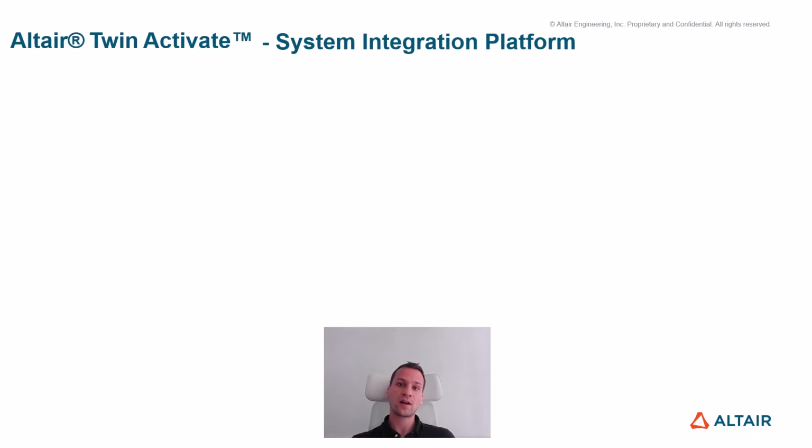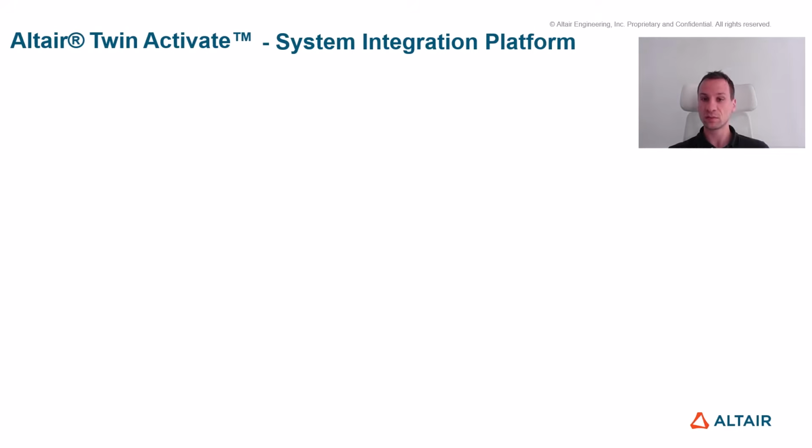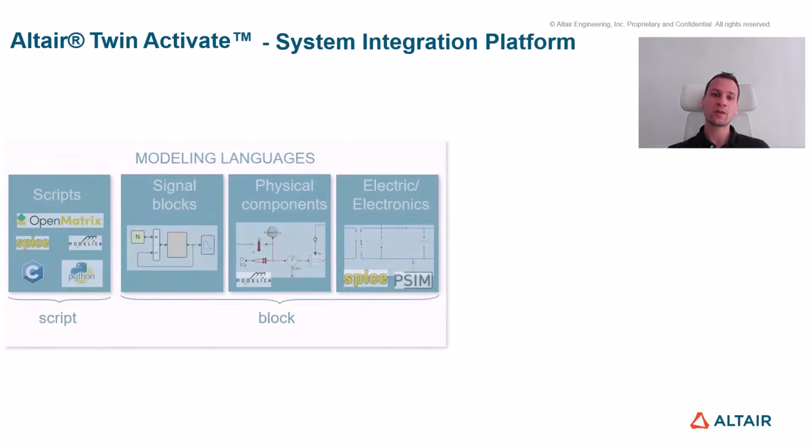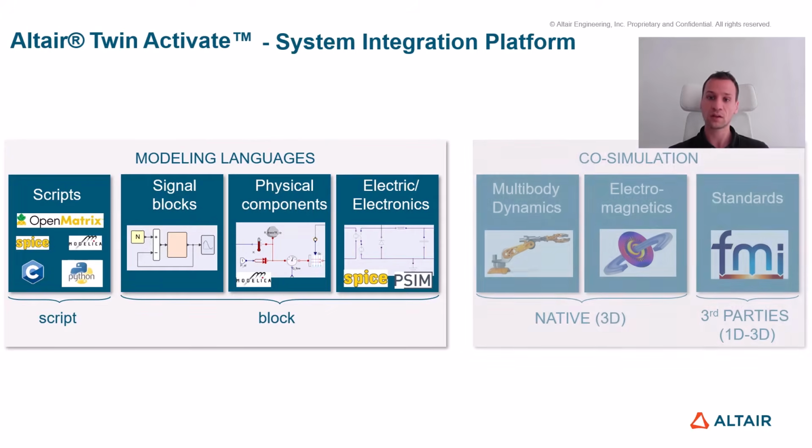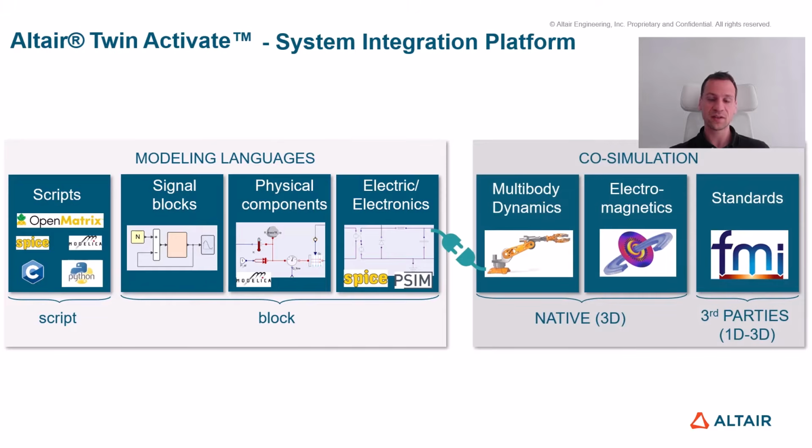Now, let me introduce you to our digital twin platform and systems integration platform, which is Altair Twin Activate, where we can create models using a variety of different modeling languages, from script to block, and also integrate these modeling languages with native 3D solvers, CAE solvers, or third-party solvers via the FMI standard.